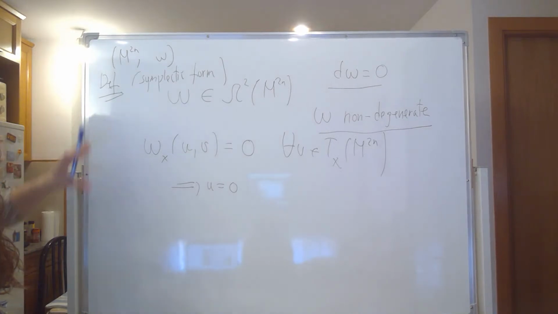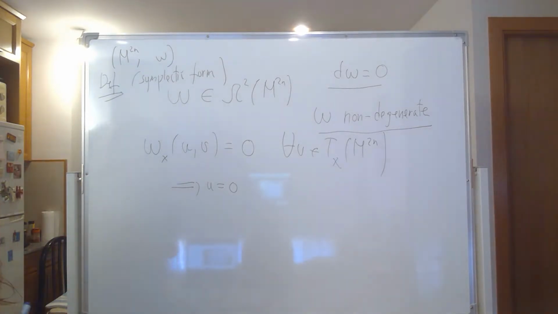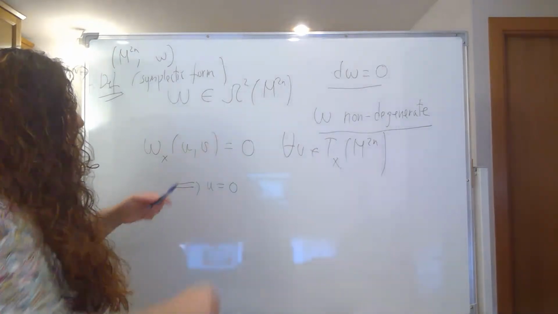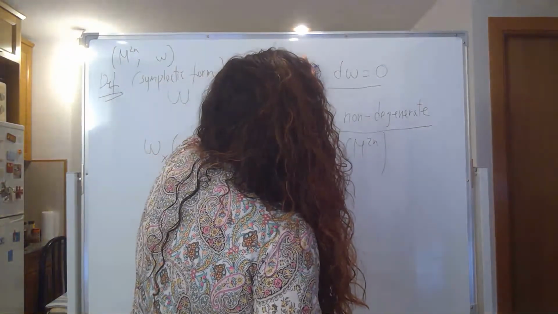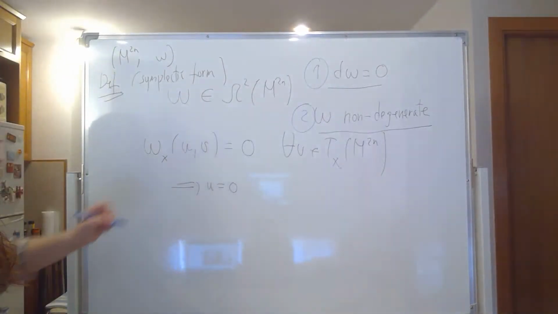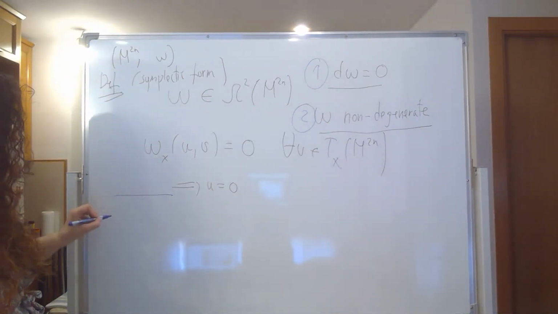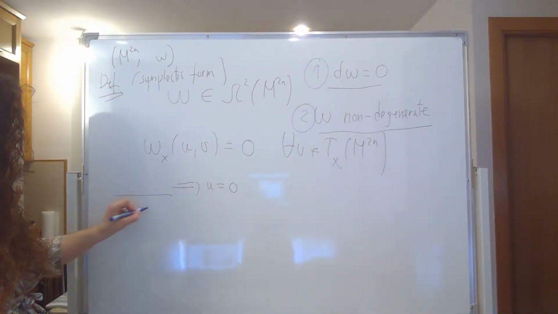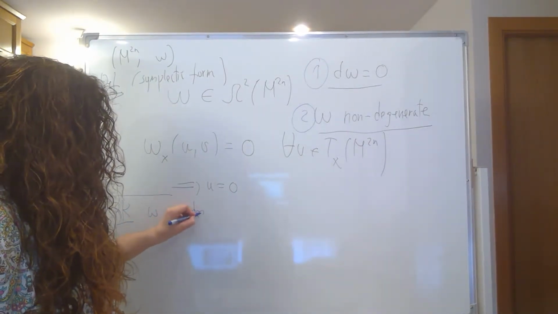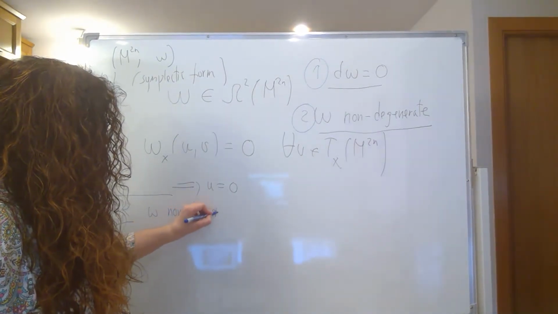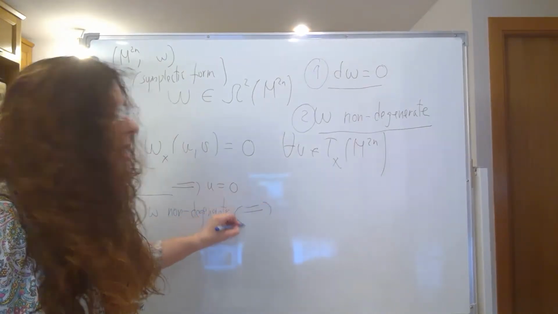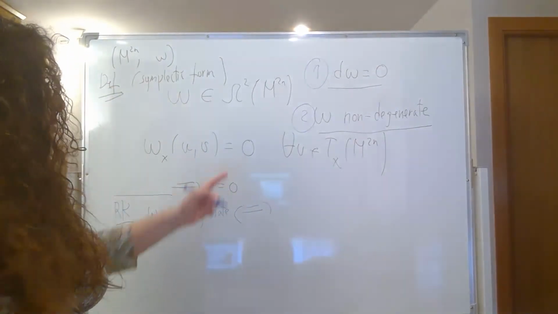I'm just recalling the definition of symplectic structure, which has to satisfy these two conditions. And I'm recalling, and that's an important remark, that omega non-degenerate is a condition that I can think of without evaluating this.